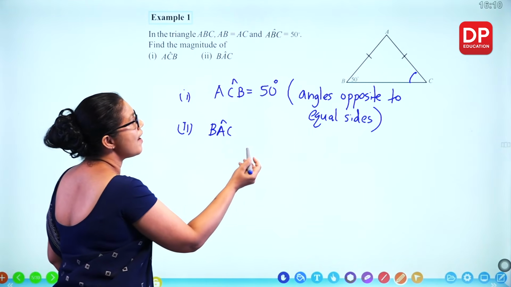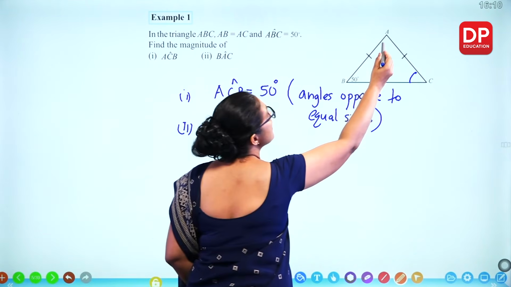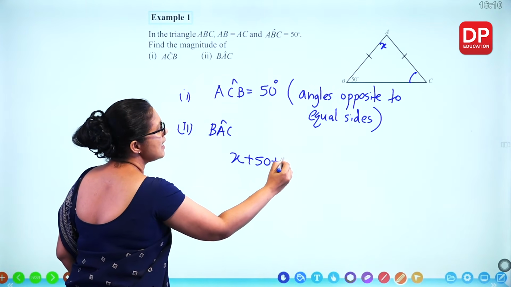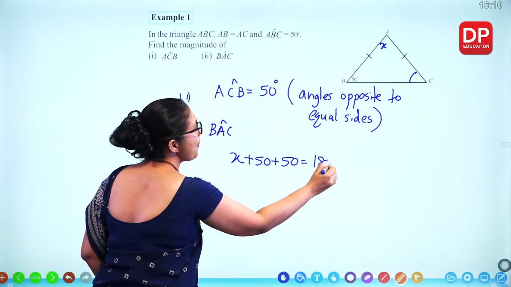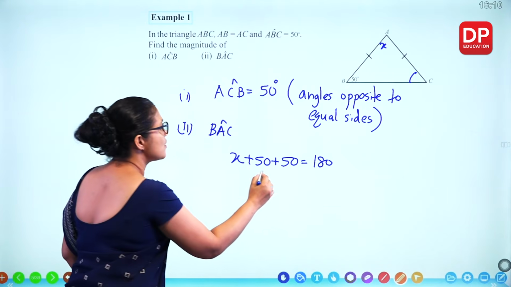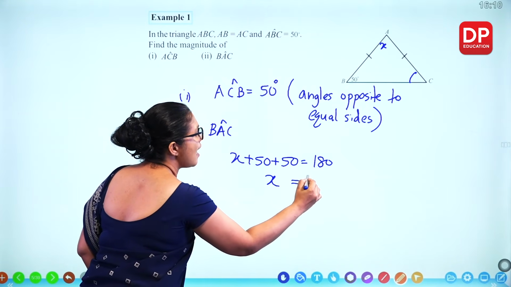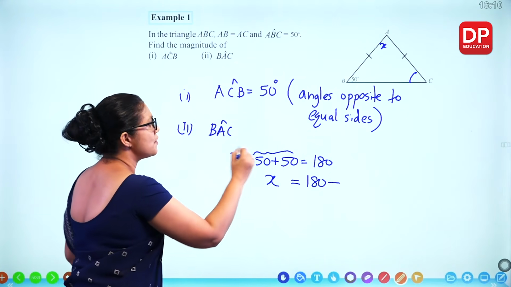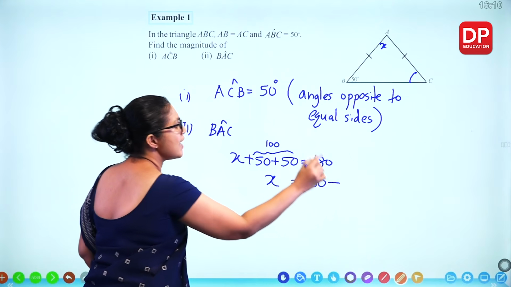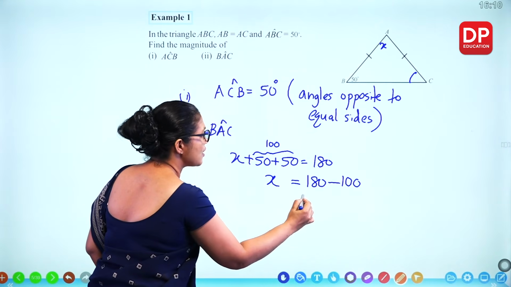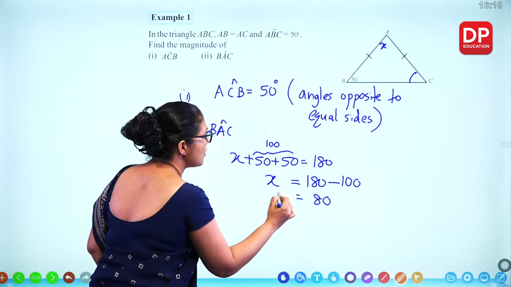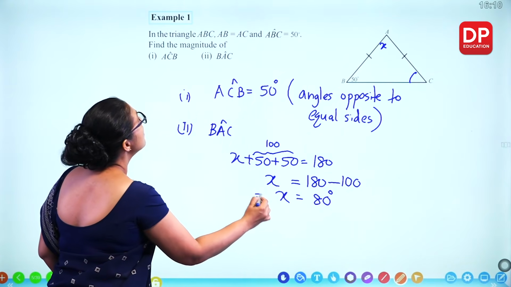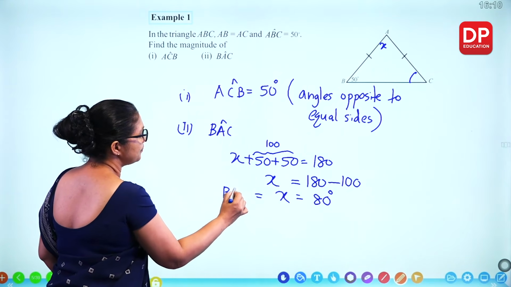So here we can write, if you put x here, x plus 50 plus 50 is 180. So how can we find x? So we can find x as 180 minus 100. So what's the answer? You get x equals 80 degrees. So what is x there? BAC.